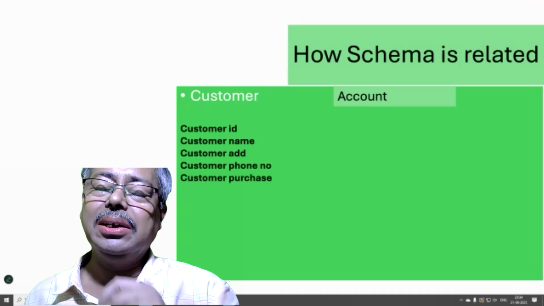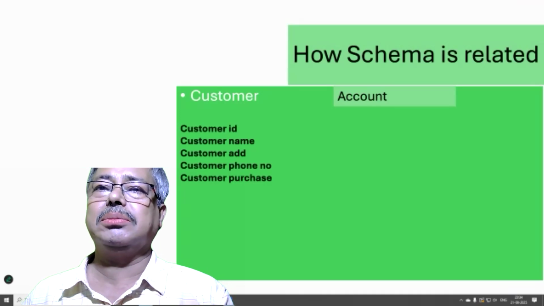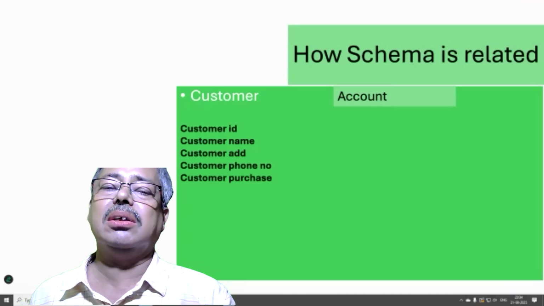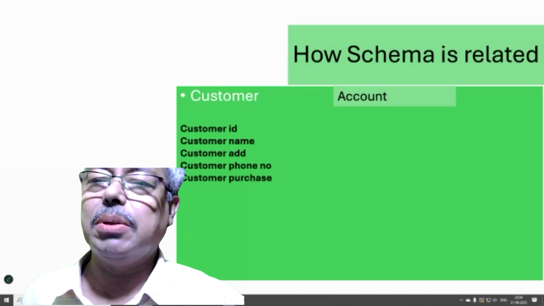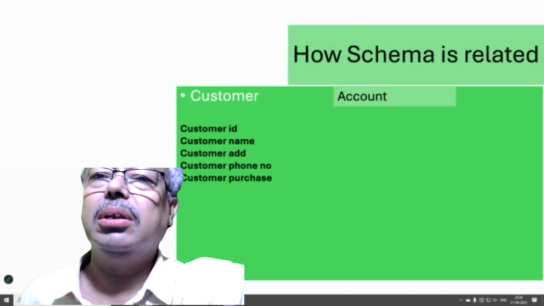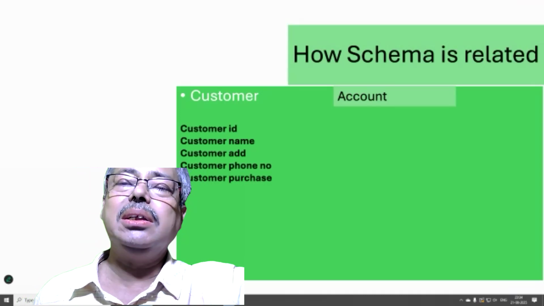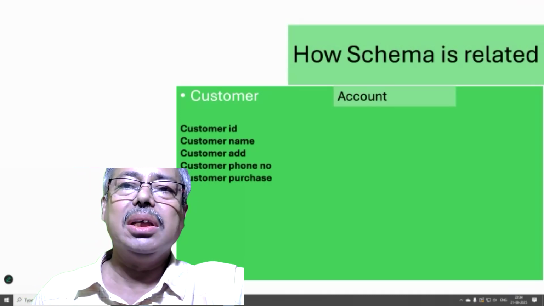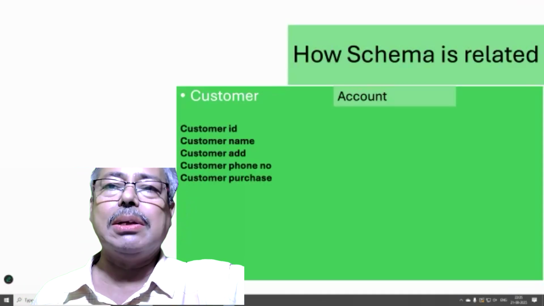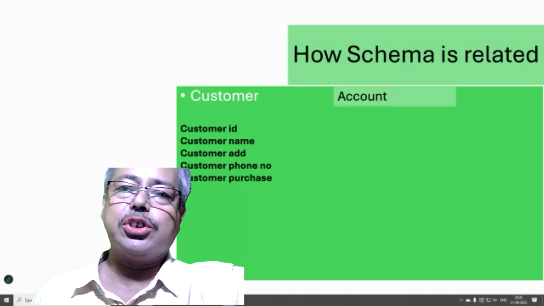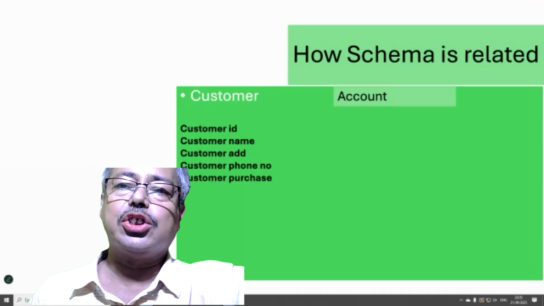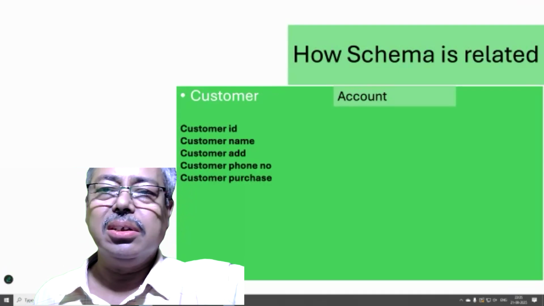Suppose a customer wants to purchase from a shopkeeper or shopping mall. The customer is a schema. If we describe the details of the customer: customer ID, customer name, customer address, customer phone number, customer purchase item.